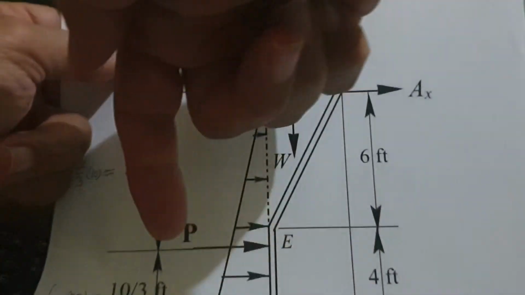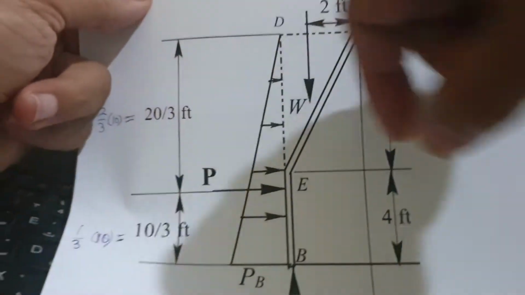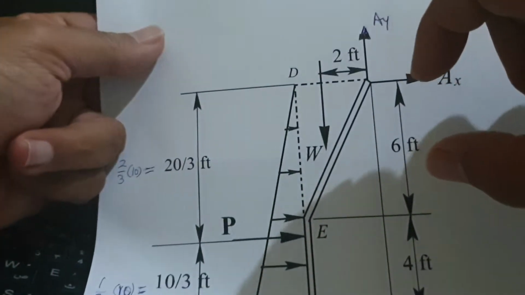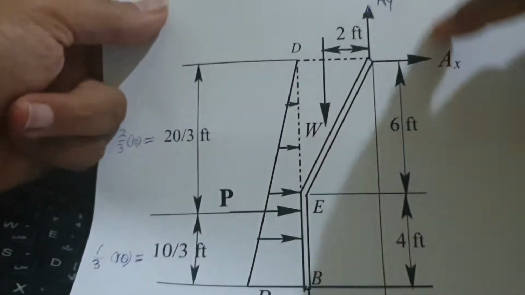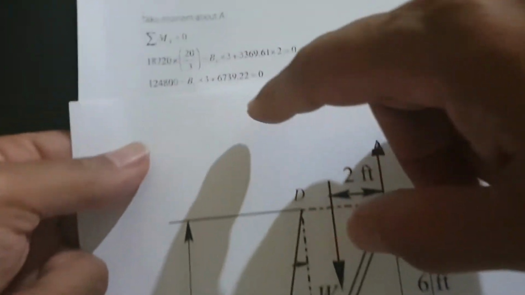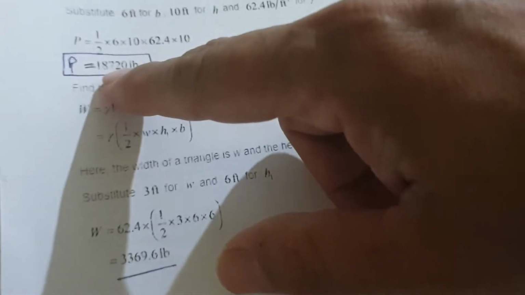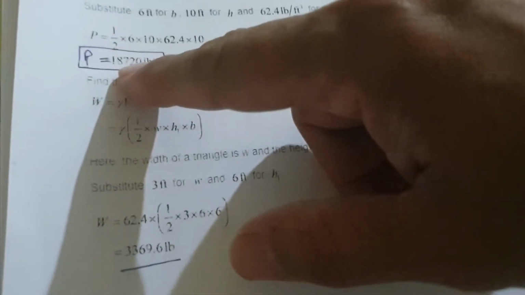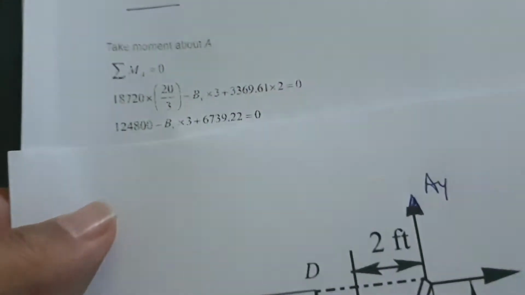And also, what's the other force? This force, P. P times what? This is the perpendicular distance, 20 over 3. Okay, so P, that's going to be positive. P, which is what? 18,720 pounds. Times what? Times 20 over 3 in the plus.